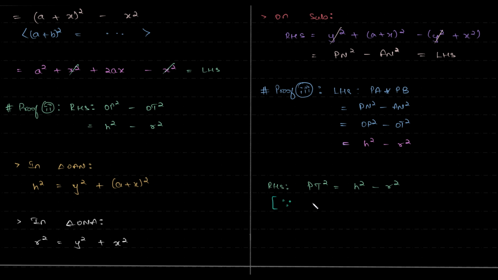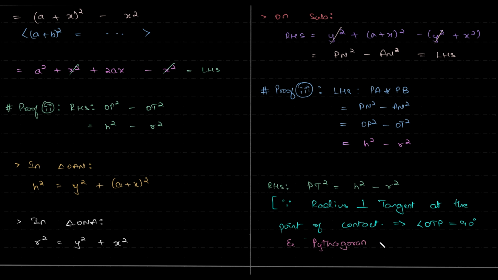Because we have the radius perpendicular to the tangent at the point of contact, and also in the triangle, this implies angle OTP is equal to 90 degrees, and with Pythagoras theorem we can write the above statement, is it not?